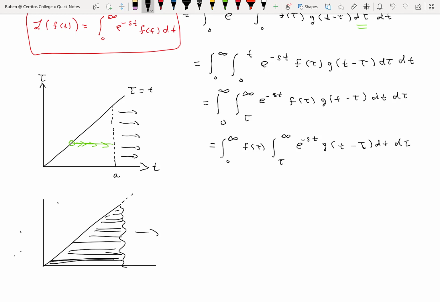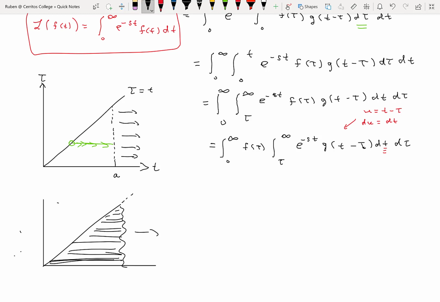So I'm going to make a u substitution in that innermost integral. I'm going to let u equal t minus tau. Now then du, you have to be careful. What's variable now? The variable is t. We're integrating with respect to t. So du is just 1 dt.